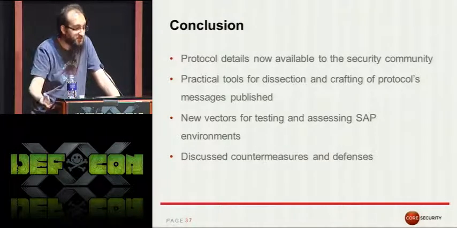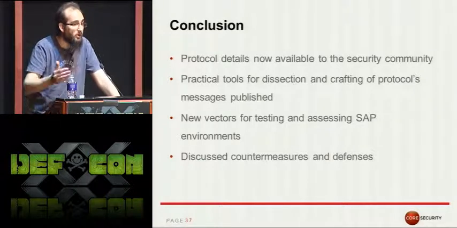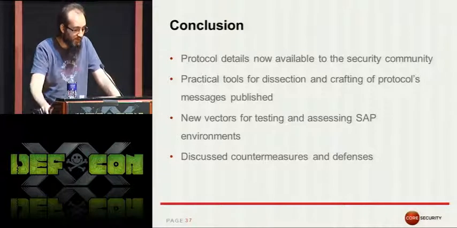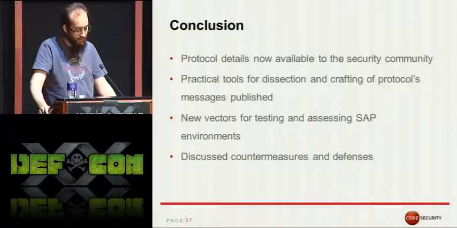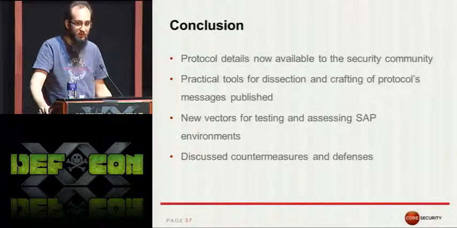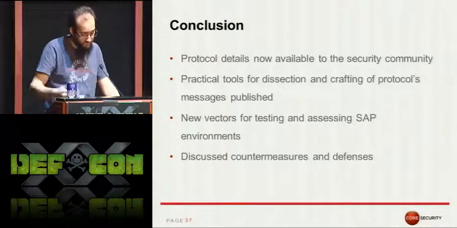There are new vectors that are now practical. There are well-known vectors, but now it's possible to perform actual attacks. We have also discussed some countermeasures and defenses to try to protect your systems.